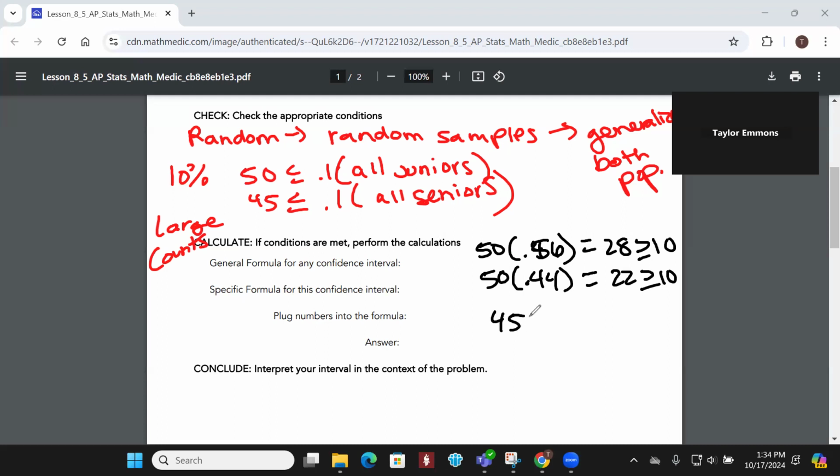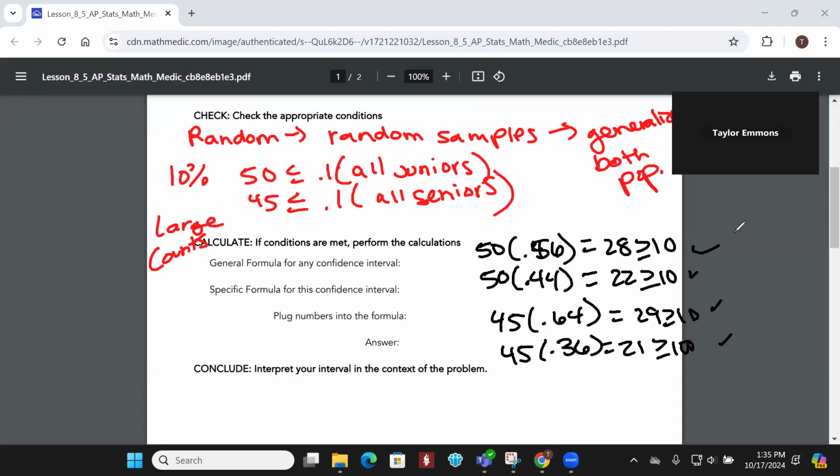Then for the seniors, 45 times 0.64 equals 29. And 45 times 0.36 gives me 21, which is greater than or equal to 10. So it works for all 4. Again, this is so that we can use an approximately normal distribution.